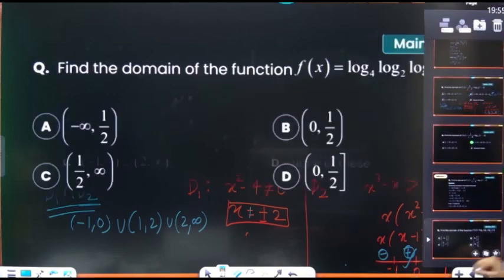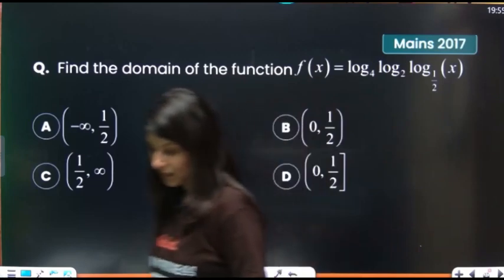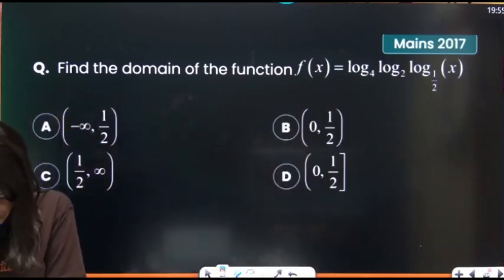Now, are we ready for the next question? Chalo. JEE Main 2017. This is also a difficult question.